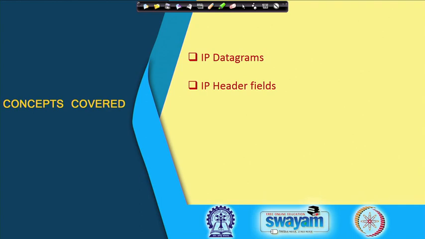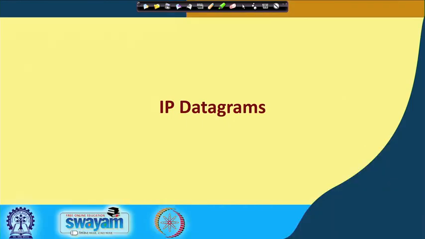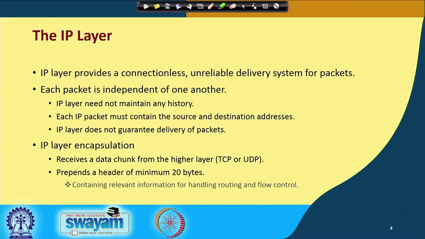Okay. So, let us see. Talking about IP datagrams. Now, in the IP layer what we mentioned? We mentioned that in the TCP/IP protocol stack the IP layer is nothing but the networking layer in the stack.